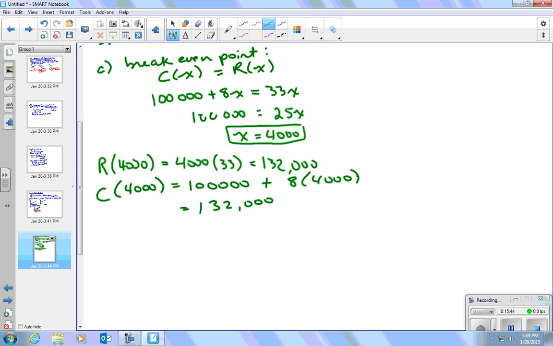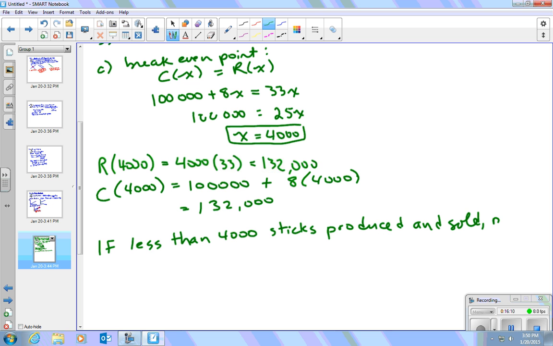So if we think about what this means, if they produce and sell fewer than 4,000 hockey sticks, they're in a net loss situation. And if more than 4,000 sticks are produced and sold, they're in a profit situation.